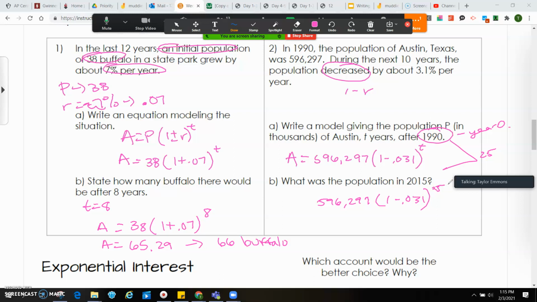And so when I do that, I'm going to get 271,367.01, or just 271,367 people, because we always want to use our units when we write out our final answer.